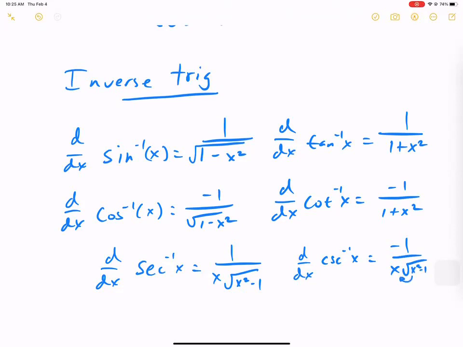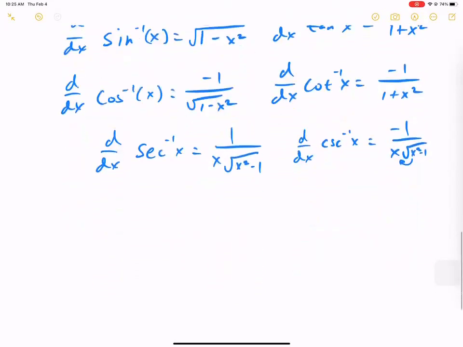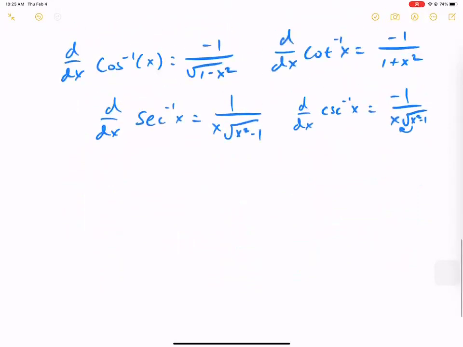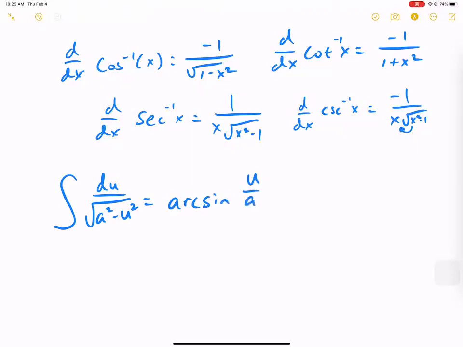Okay. All right. Now, we've gone forward; the idea is, can we go backwards? And our goal is to go backwards today. Okay. So let me write you the identities and then we'll see how these play out. The integral of du over the square root of a squared minus u squared is arc sine of u over a plus c.